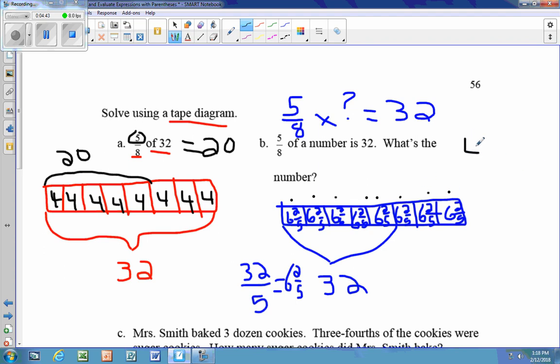So that gets me to 48. And then we add all the 2/5. So 2/5 plus 2/5 plus 2/5 plus 2/5, 8 times, is going to get me 16/5. I can't leave this like that as the answer. I have to change this improper fraction, which would be 3 1/5. So we end up with 51 1/5 as my number.